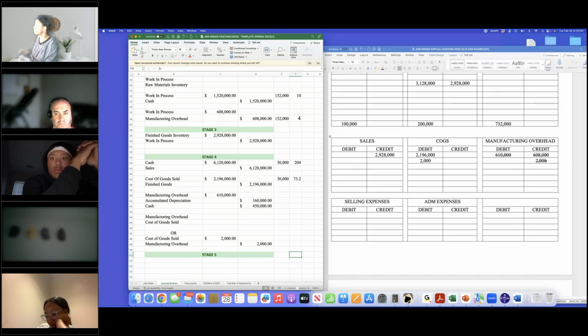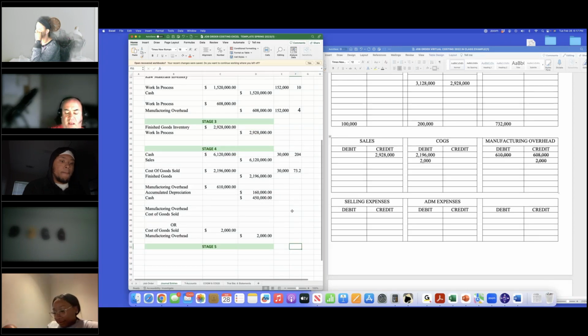Just always keep in mind in terms of selecting which entry you're going to make, this account has got to go to zero, okay? This account goes to zero. Any questions? We're almost finished now.